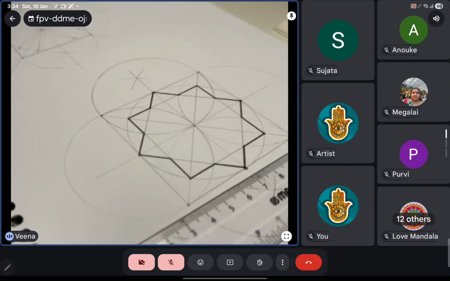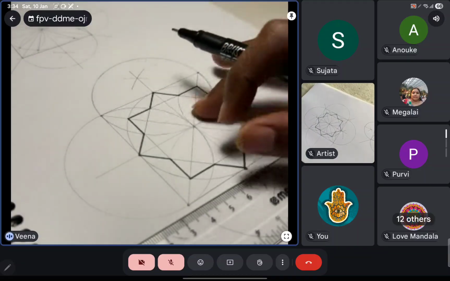All right. So this is the design that we'll be doing today.